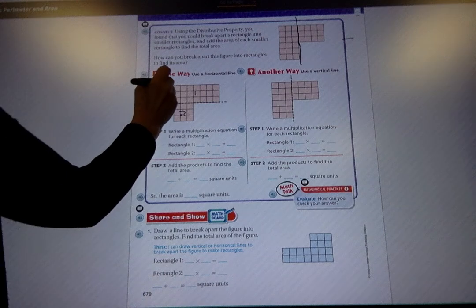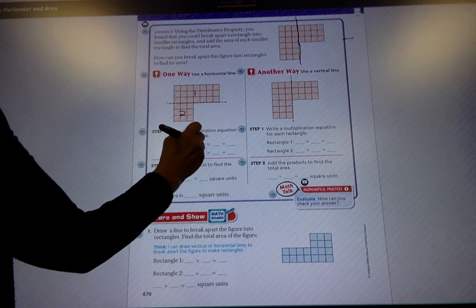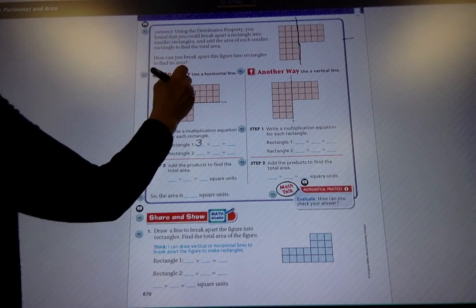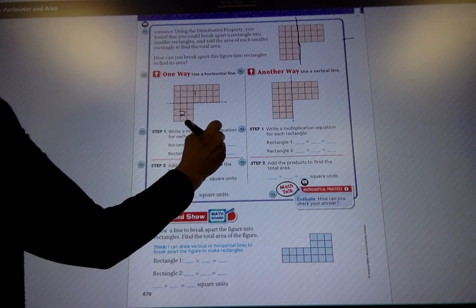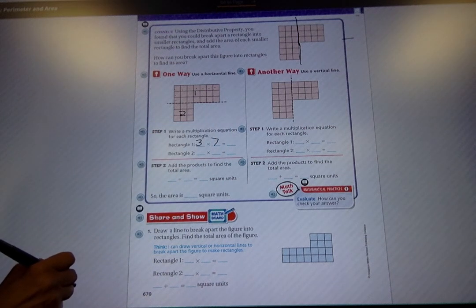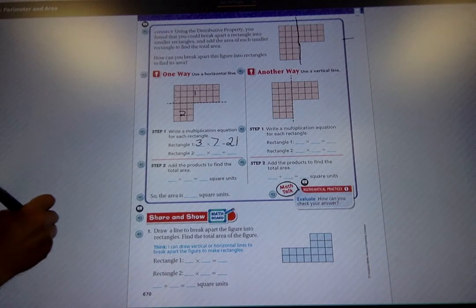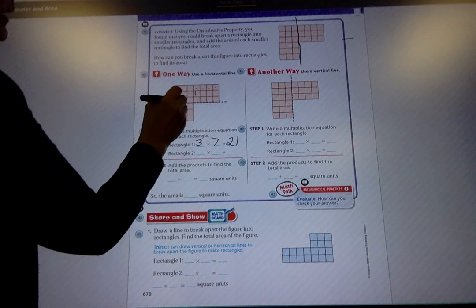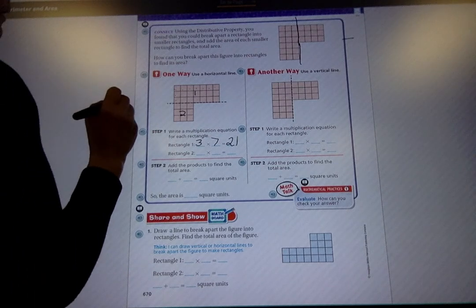Rectangle 1 is 1, 2, 3 times 1, 2, 3, 4, 5, 6, 7. 3 times 7, who remembers? You got it, 21. Keep studying those math facts. Now we've got rectangle 2, which is a square, but we know a square is a rectangle.